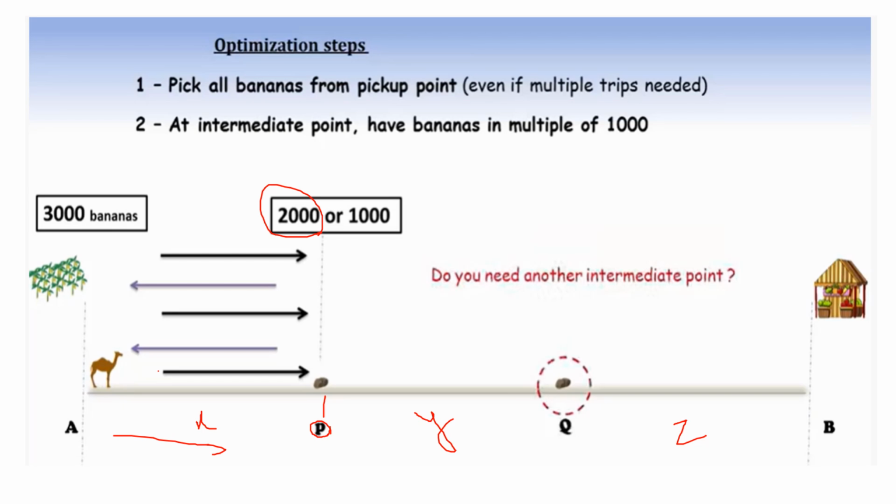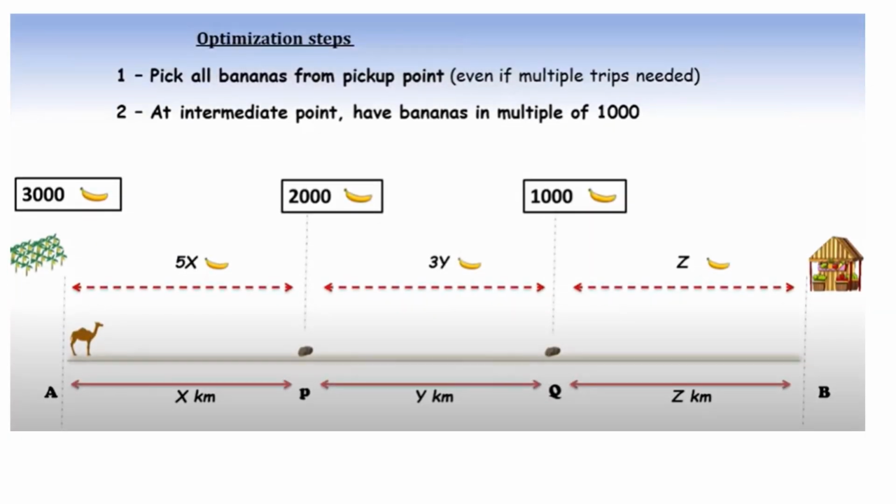Then we have to calculate the x value. So totally we have 5x. First the camel carries 1000 bananas, then it eats x bananas. Again coming back to get the second 1000 bananas, it eats x bananas, and so on.